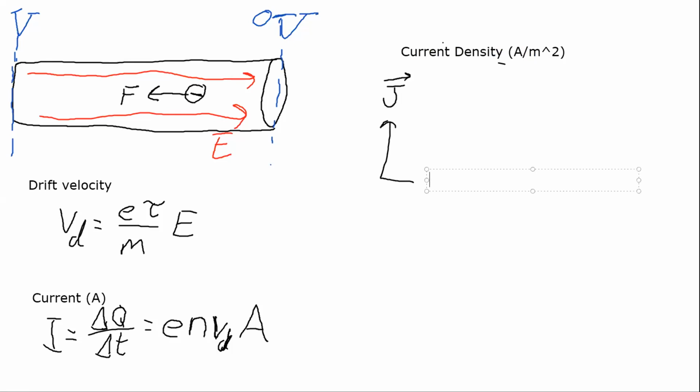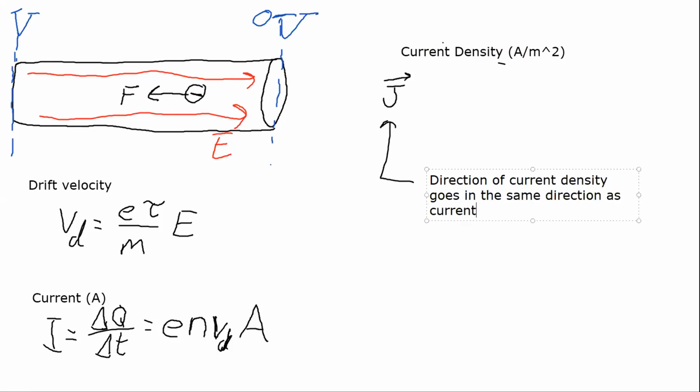The direction of current density goes in the same direction as current.